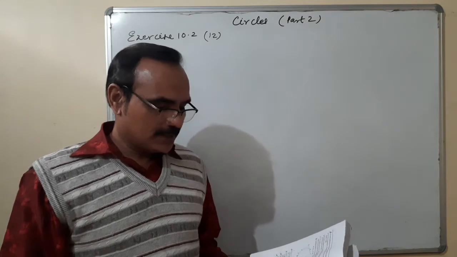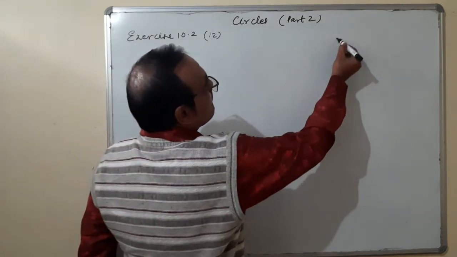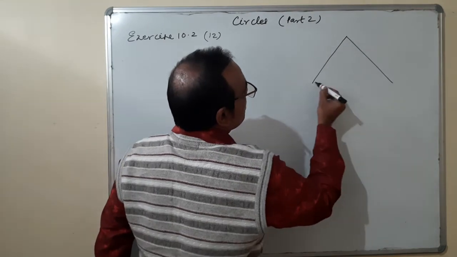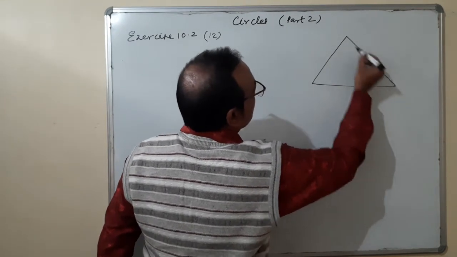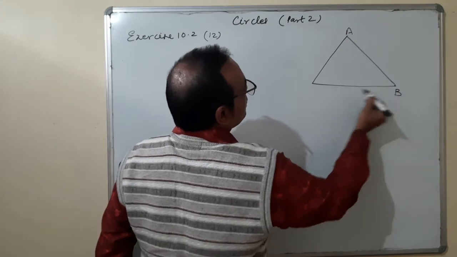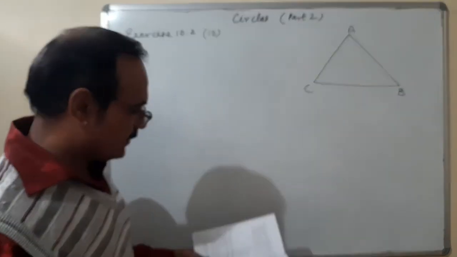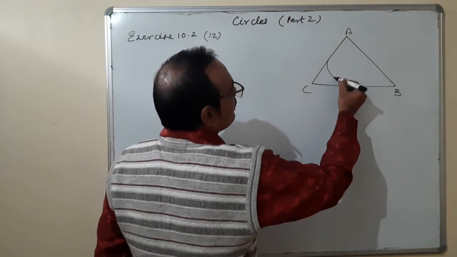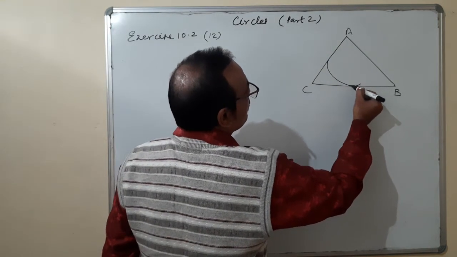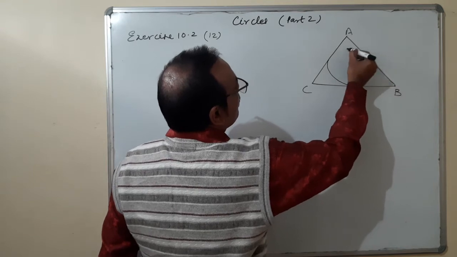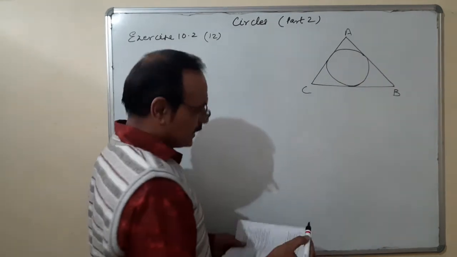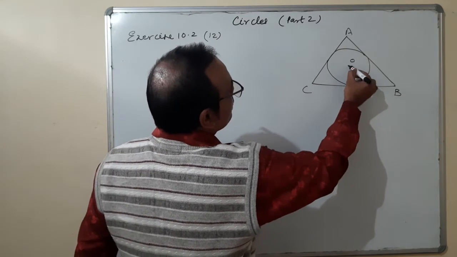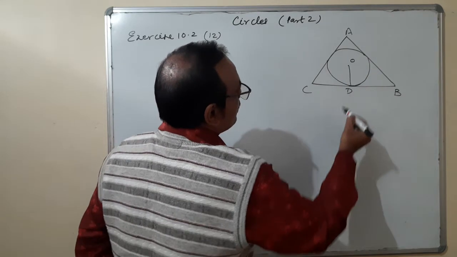A triangle ABC, this is a triangle which is circumscribing a circle. Triangle ABC is circumscribing a circle. Who is the center? D.